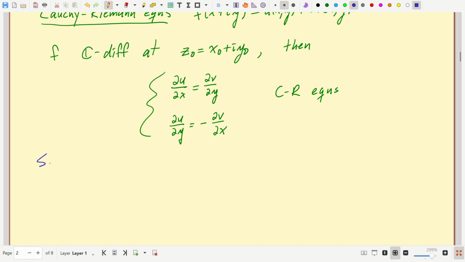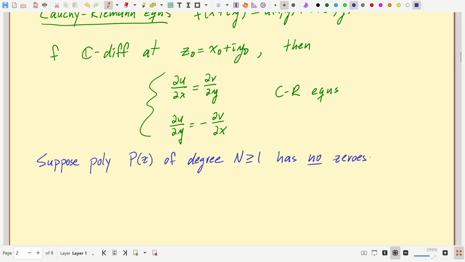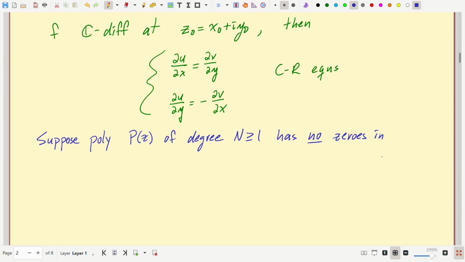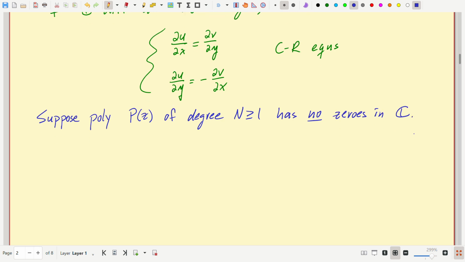Let's suppose a complex polynomial p of z of degree n bigger than or equal to 1 has no zeros. Then 1 over p of z would be complex differentiable on the whole complex plane.